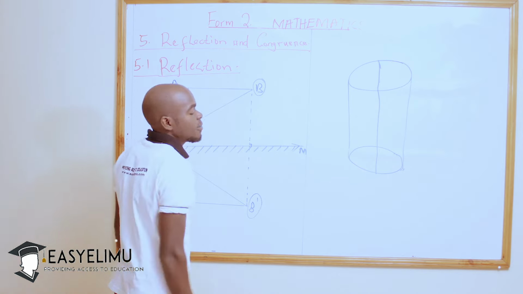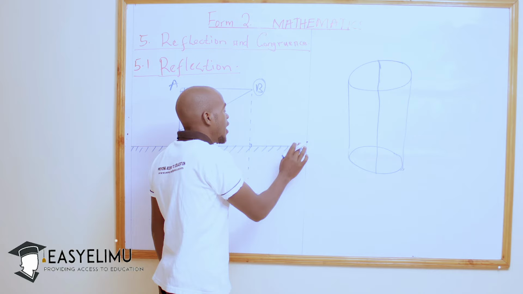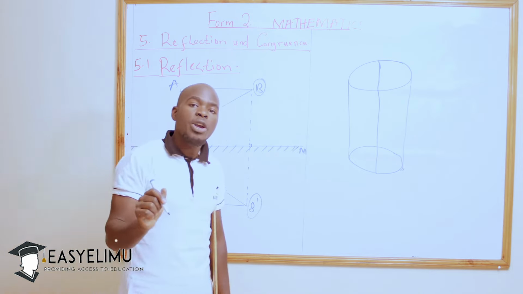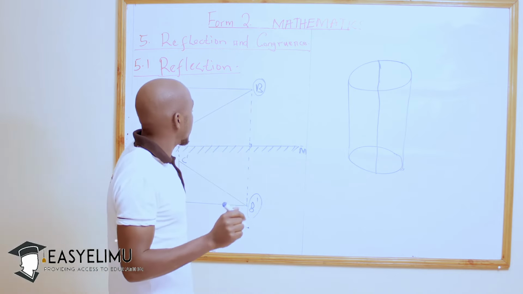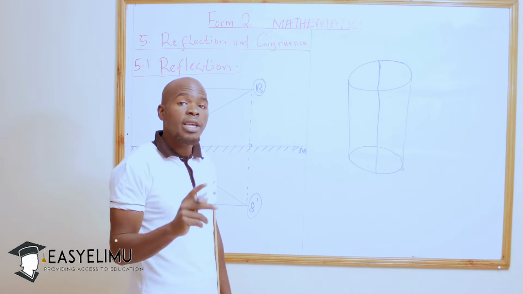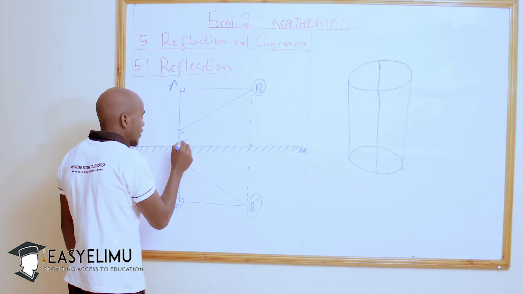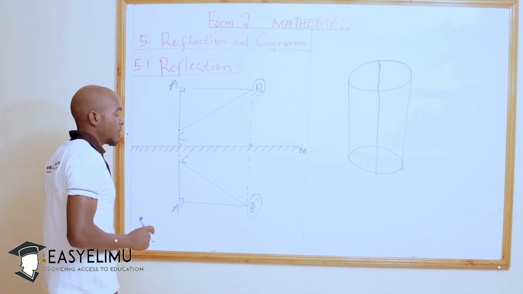This M here is my mirror line, and the line joining the point of the object and that of the image is perpendicular to the mirror line. The same applies to the others and even that of C.